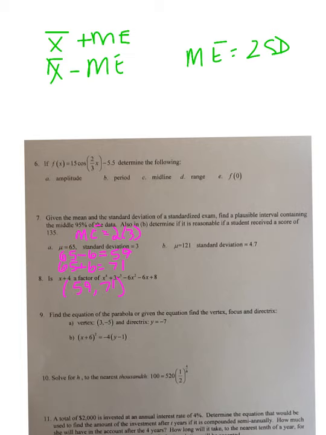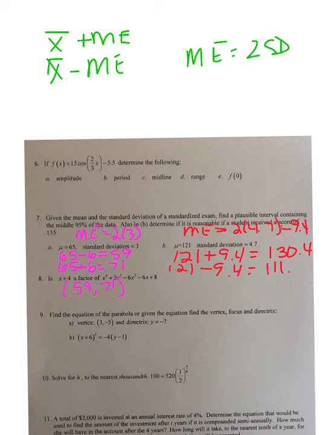All right, so now let's do the same thing for B. So we find the margin of error, which is 2 standard deviations. So margin of error is equal to 2 times 4.7, which is 9.4. So it's going to be 121 plus 9.4, 121 minus 9.4. So 121 plus 9.4 is 130.4. And 121 minus 9.4 is 111.6.